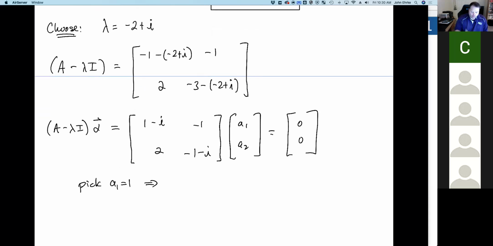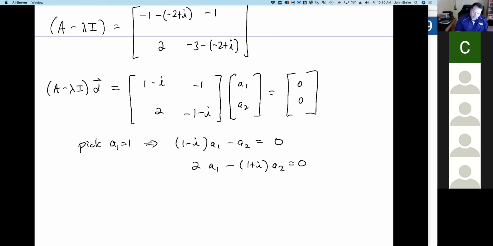If I look at what the top equation is, it's (1 minus i) A1 minus A2 equals 0. And along the bottom, it's 2A1 minus (1 plus i), factoring out the negatives there, times A2 equal to 0.